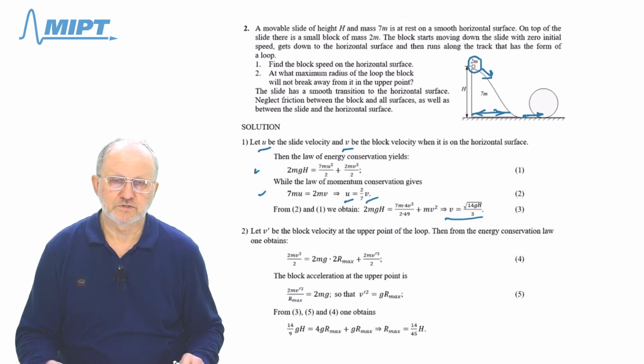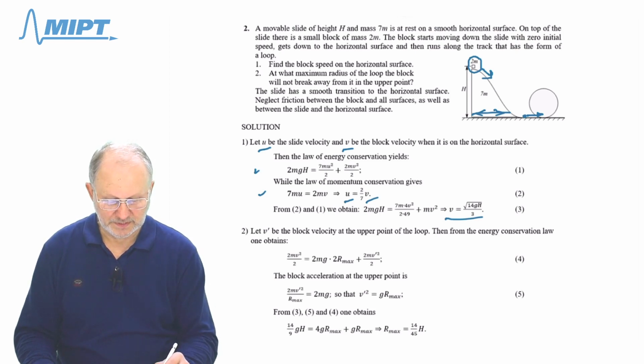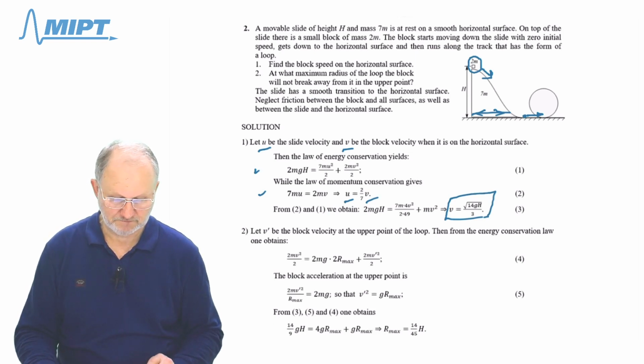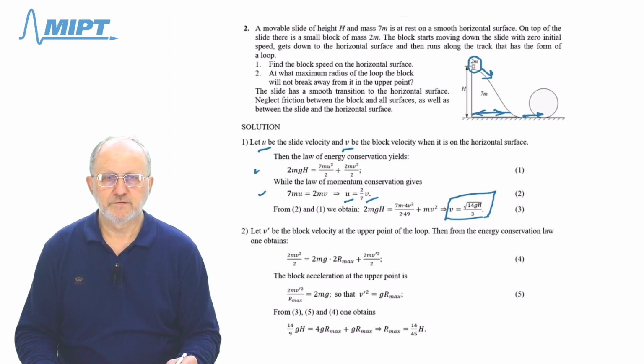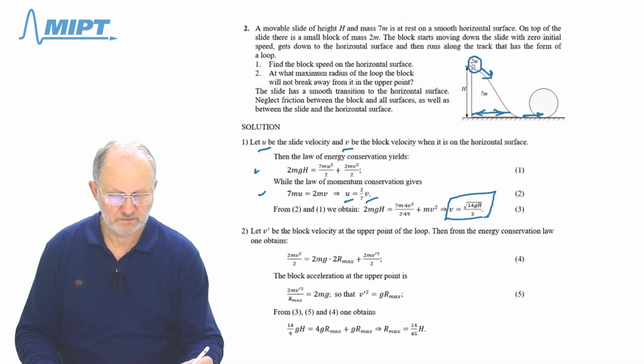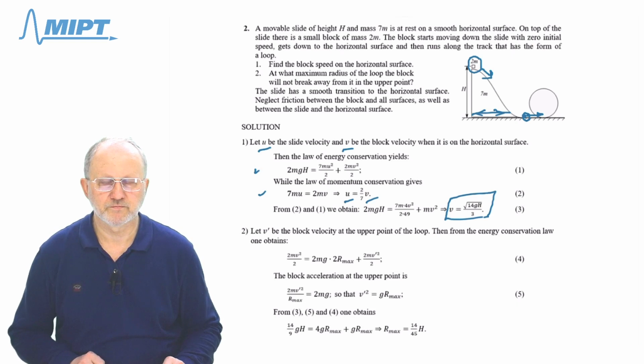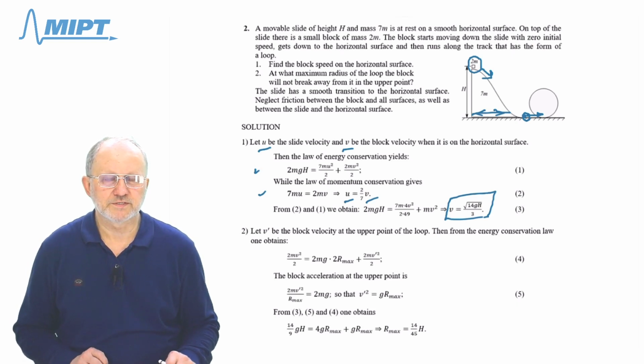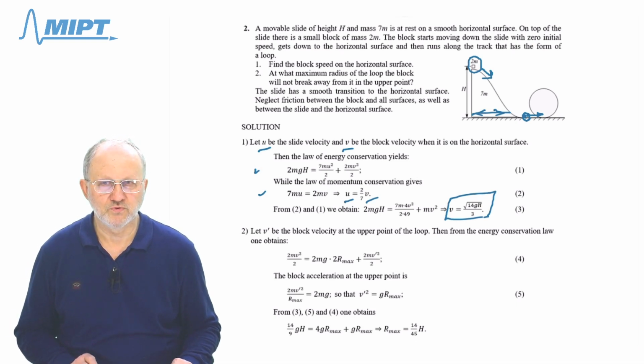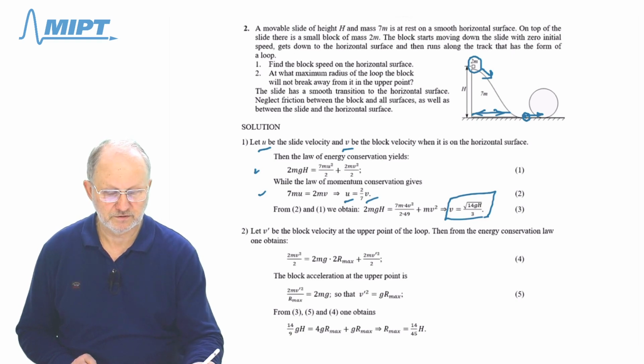So the two unknown quantities can be found from these two equations, and the answer is here, which can easily be found using simple algebraic transformations. So that is the velocity of the body which is moving at this point along the horizontal surface. This is the velocity of the body before it enters the loop.